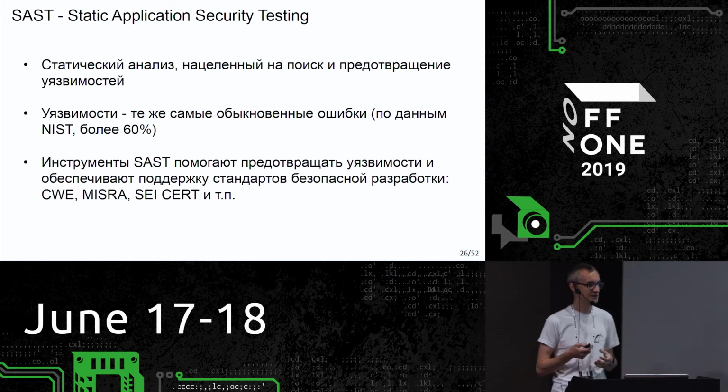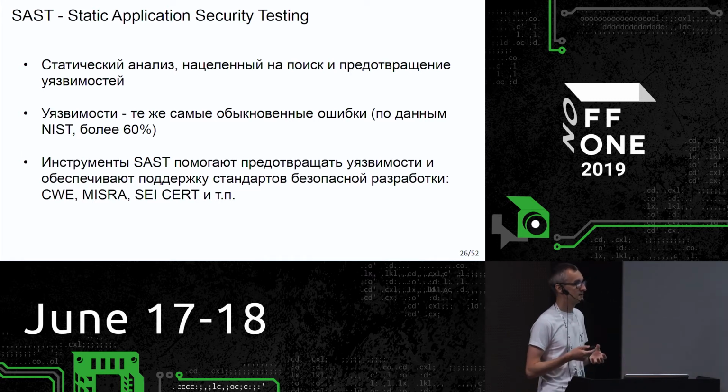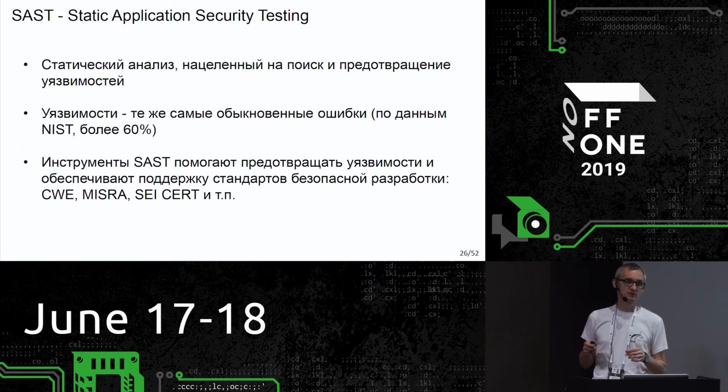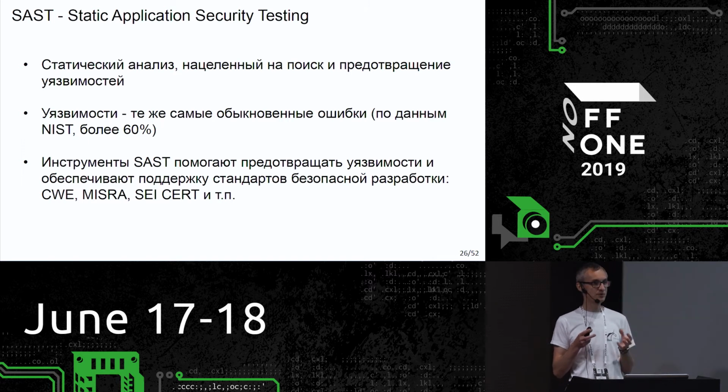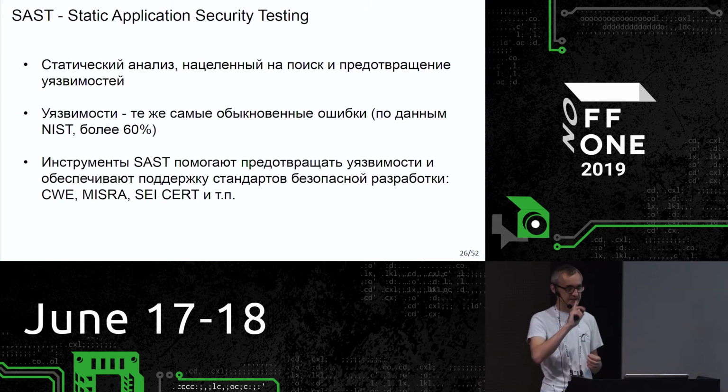A real vulnerability is when some researcher has found some gap in the code and used it. The statistical analysis can just say that this place in the code can potentially be used or potentially be dangerous. So if something goes wrong, then the software will not work as designed or as the programmer expected.